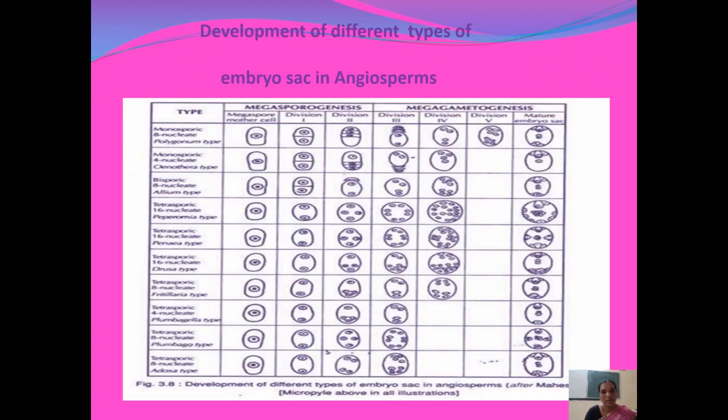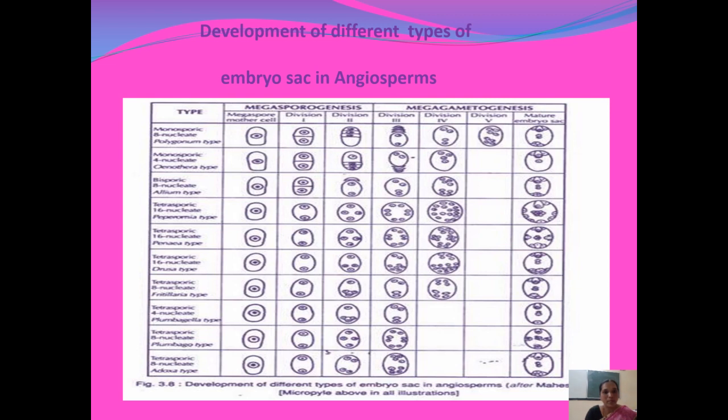This chart explains the development of different types of embryo sacs in angiosperms. Here we see the differences between monosporic, bisporic and tetrasporic.